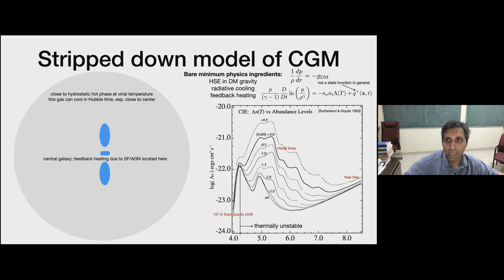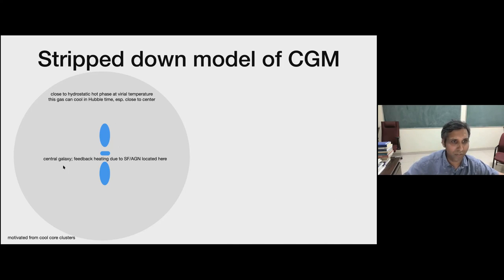So, these are sort of the main elements of CGM halos, and mostly motivated from the intracluster medium. You have dark matter gravitational potential, you have hydrostatic volume filling phase, and you have cooling and heating due to feedback.